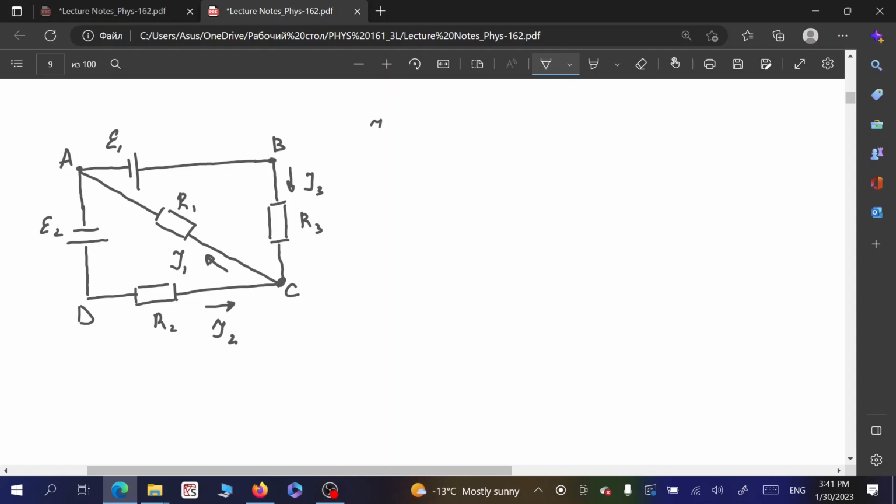In this case, we can write that I1 is equal to I2 plus I3. So that is our first linear equation. But as you see, we have three unknown parameters, all our currents. So we need a system of three linear equations.